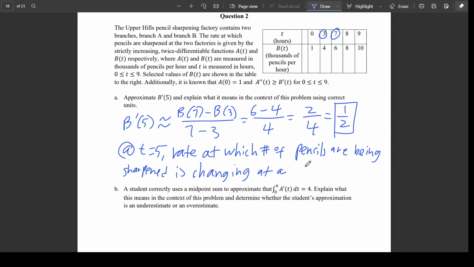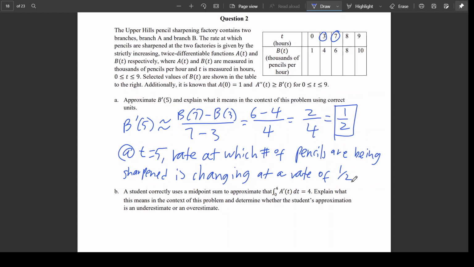Now for the units. b of t is measured in thousands of pencils per hour. When we find the derivative, we're basically taking b of t and dividing it by t, because we have hours on the bottom. So the units for b prime of t are the units for b of t divided by the units for t. b of t is in thousands of pencils per hour, and t is in hours, so the units for b prime of t are thousands of pencils per hour per hour.